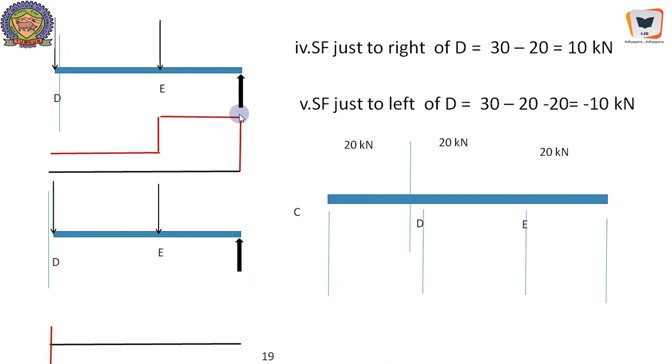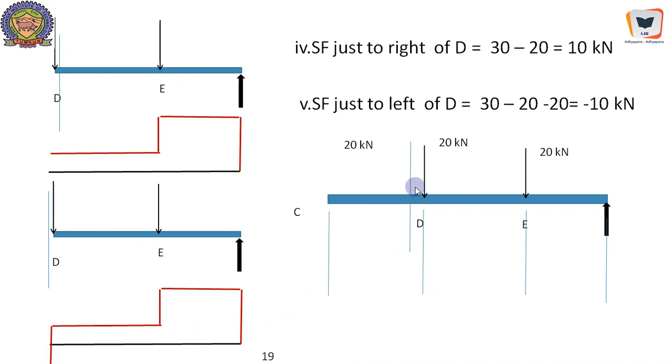So here 30 kilonewton moved constantly. There is a drop up to 10 kilonewton. 10 kilonewton continues just to the right of D. When we come just to the left of D, it becomes negative, to an extent of minus 10 kilonewton. So it drops. So this is the positive shear force diagram, and we have started with negative shear force.